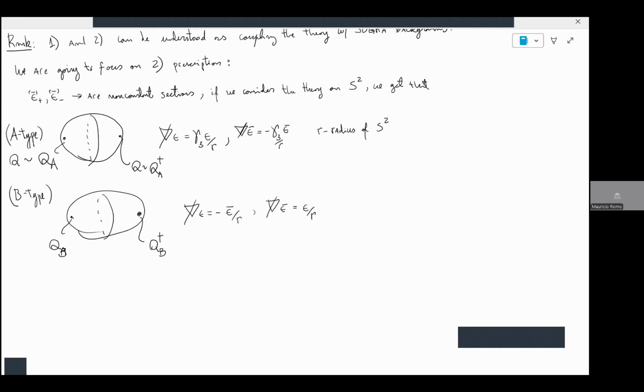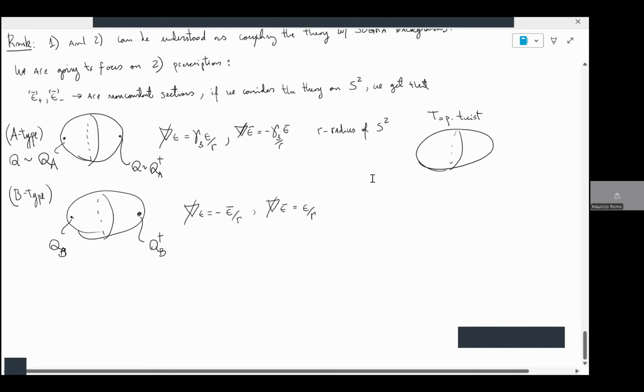So just to make it clear, here I will put, for contrast, the topological twist. On the sphere, you will have everywhere just QA or QA dagger. If it's QA dagger, it's what you call the conjugate twist.